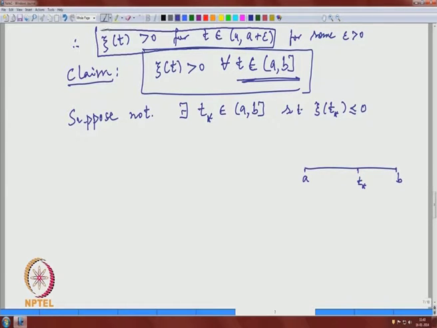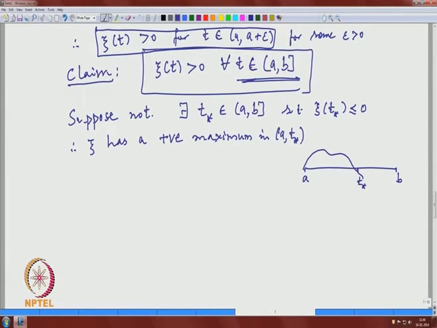It is positive there. So, it may be 0 here, and then it comes in. So, looking at the picture, J has a positive maximum, it could be just a relative maximum, no problem, in [a, T star].